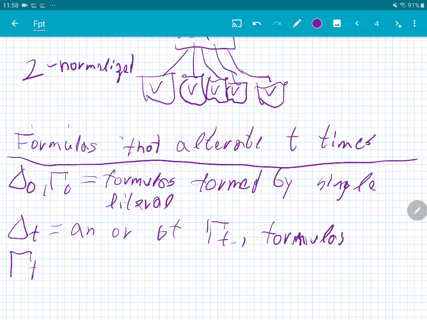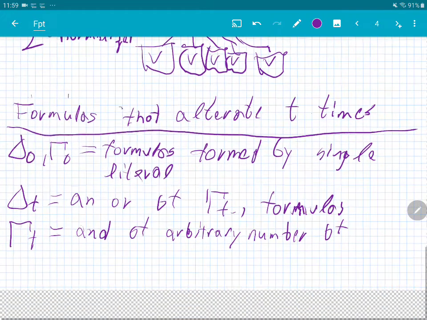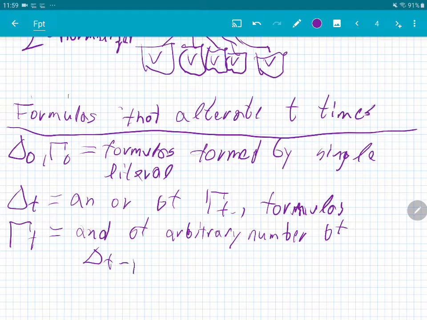And gamma t is the AND of an arbitrary number of delta t minus 1 formulas. This is just deciding whether the odd level or the even level are AND or OR.